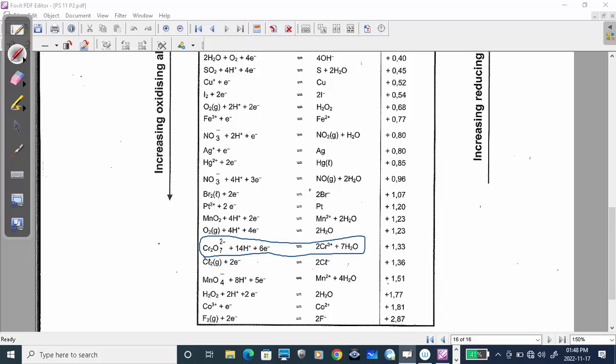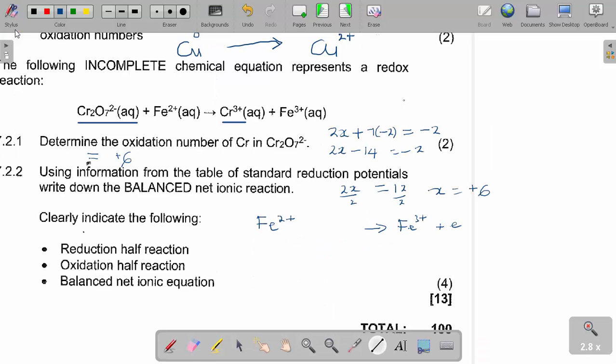So dichromate plus 14 plus 6 electrons. Did you hear that? Dichromate plus 14 plus 6 what? Protons. Let's write it now. What did I say?